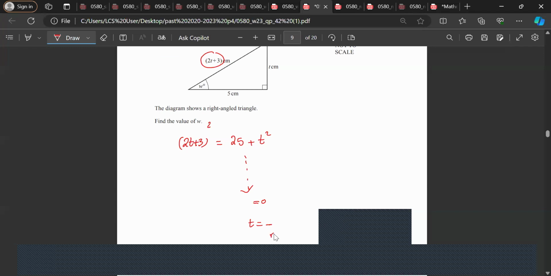The negative is for sure rejected because it is a length, and the positive will be accepted. Then you can substitute and use the sine ratio: sin W equals t, which you got, over 5. Then get W. Any problem?